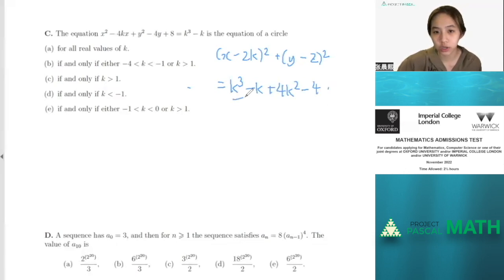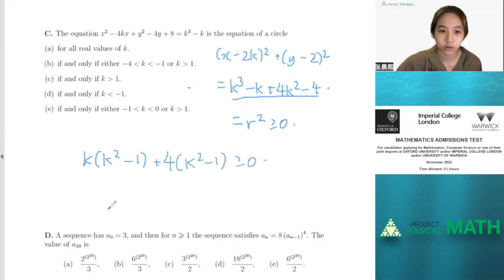And so essentially you must have this equal to some r squared, which is greater than or equal to 0. You complete the factorisation: k(k squared minus 1) plus 4(k squared minus 1) is larger than or equal to 0.